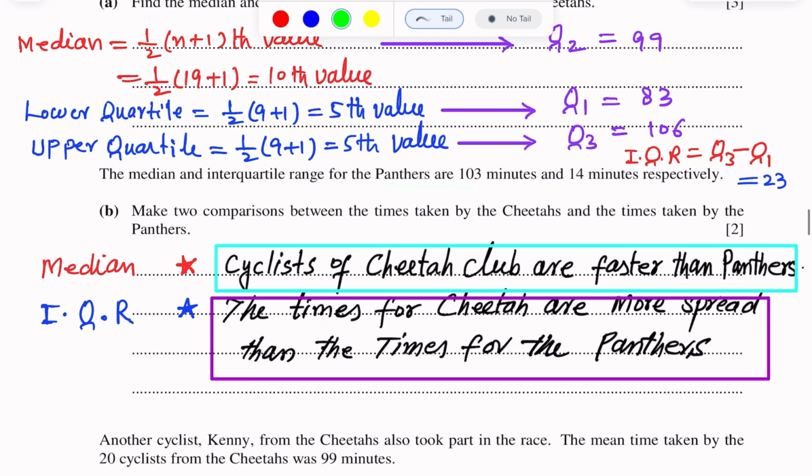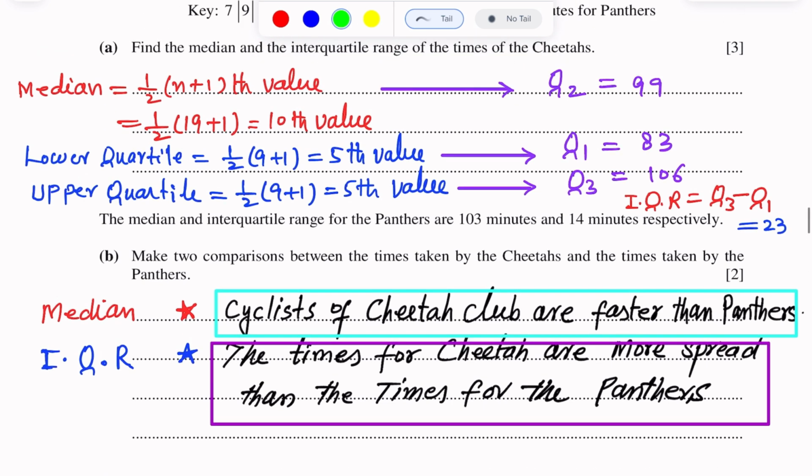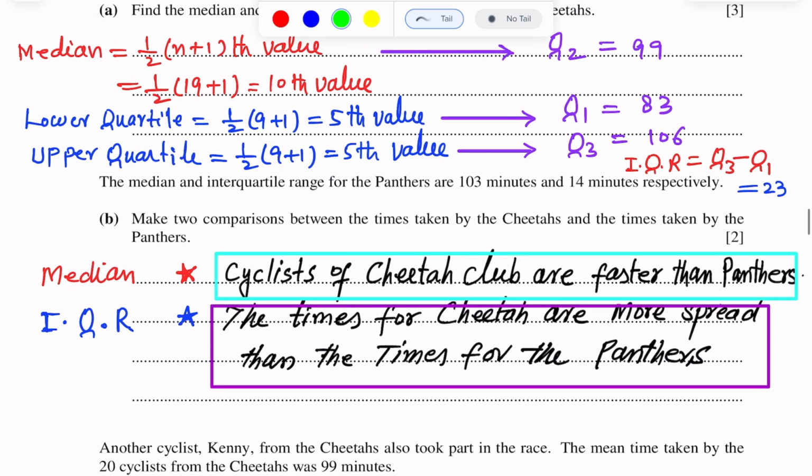So we can say that cyclists of the Cheetah club are faster than panthers, because the panthers are taking more time as compared to cheetahs. This is a comparison: cyclists of the Cheetah club are faster than panthers.